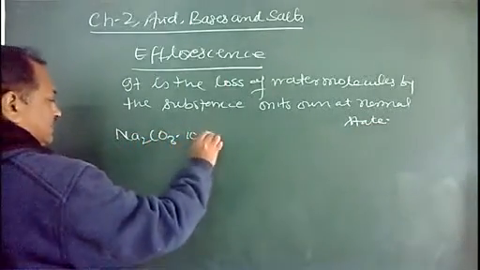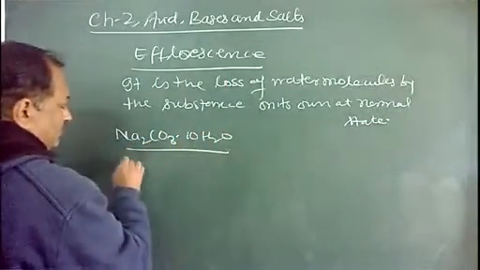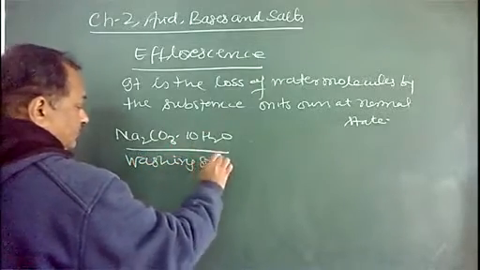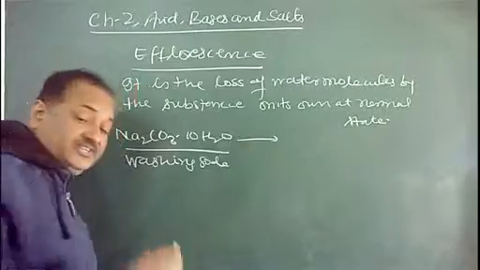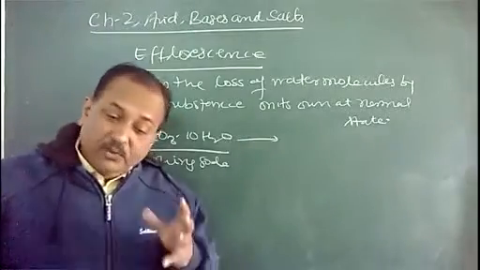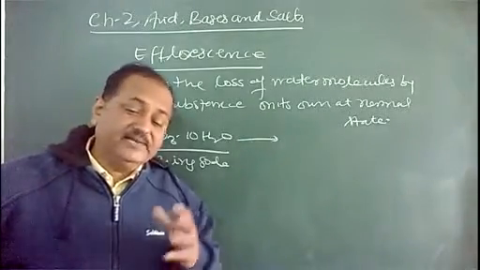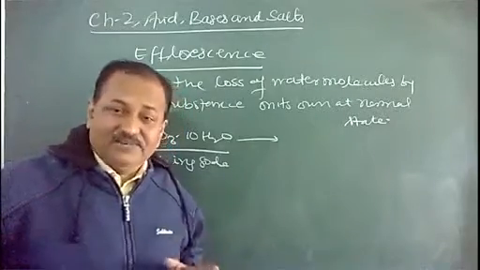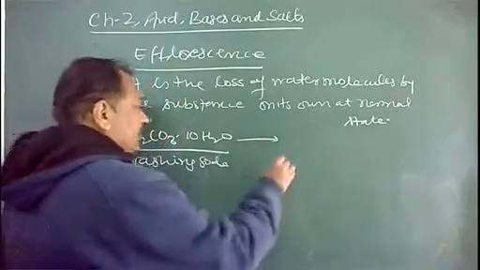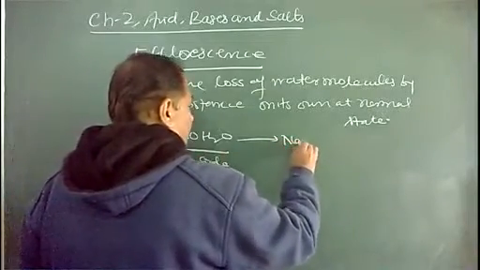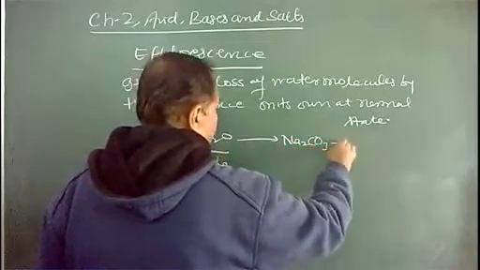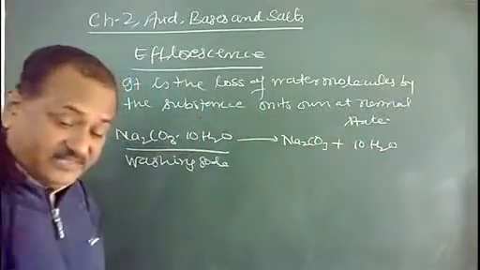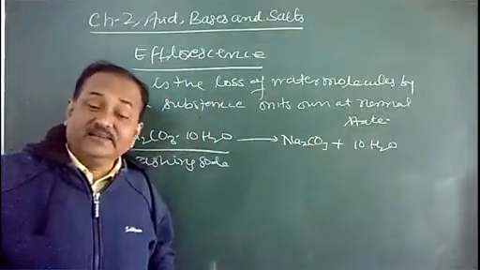If we take salt, children, Na2CO3·10H2O, this is washing soda. So when washing soda is exposed, or it is unattended, or it is not kept safely, then it loses water molecules on its own, and this is called efflorescence.